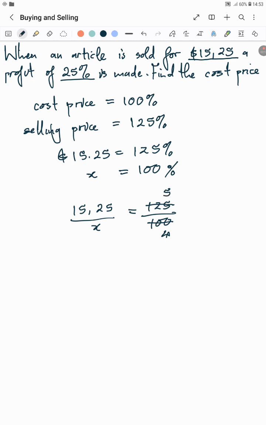And if you do cross multiplication, $15.25 will be multiplied by 4, and 5 will be multiplied by X.